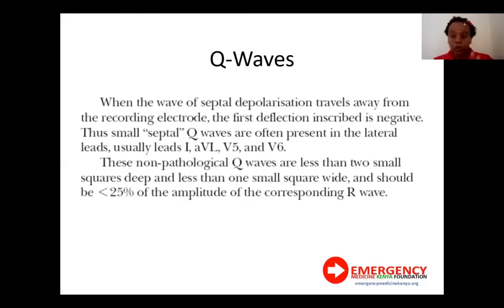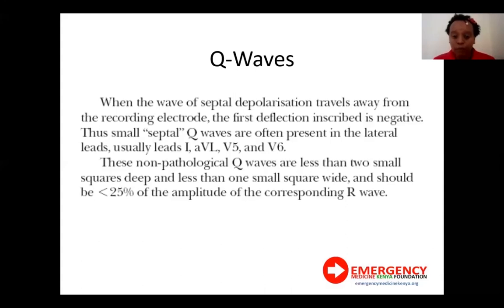You see the way it looks from the normal strip that we had. It's supposed to be less than 2 small squares deep. You remember where the Q is. It's right after the P, and then you move to the QRS complex.